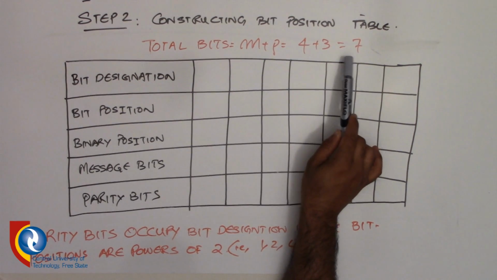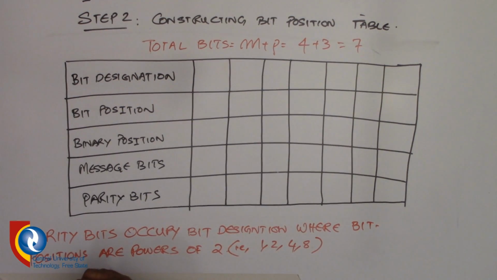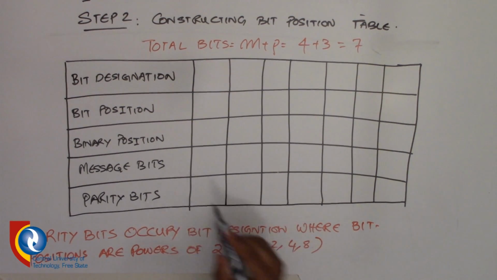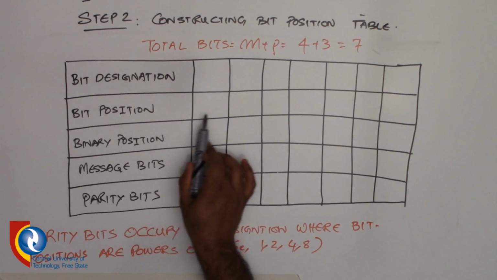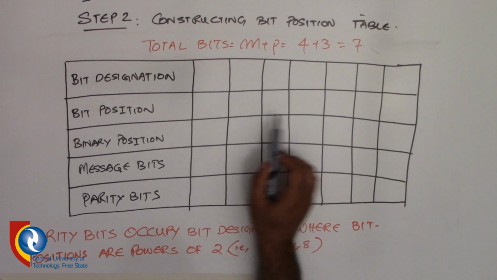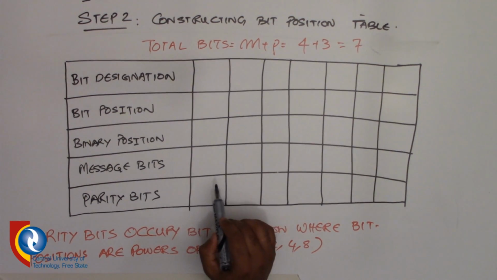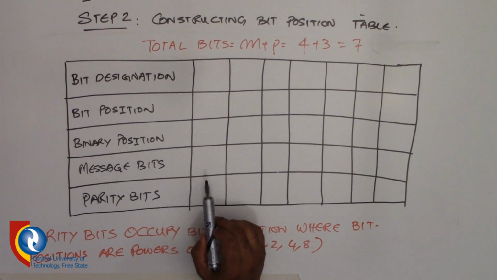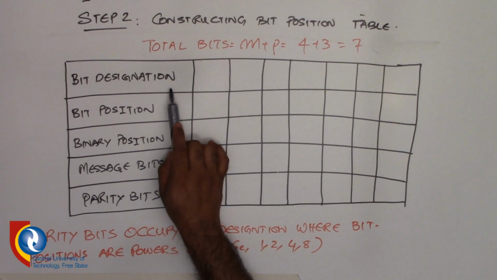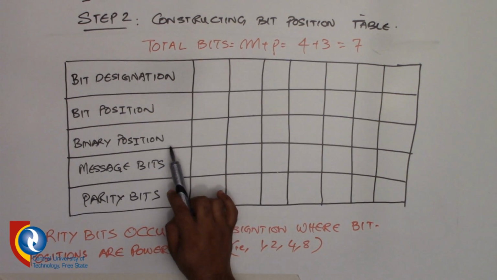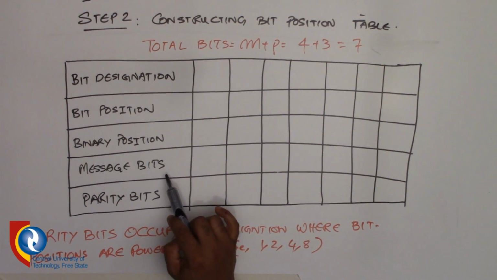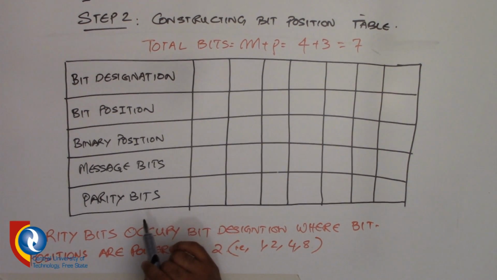So in total we have 7 bits. Now we are going to write those 7 bits in the bit position table. This is the bit position table. We have 5 rows here: the bit designation, the bit position, the binary position, the number of message bits, and the number of parity bits.